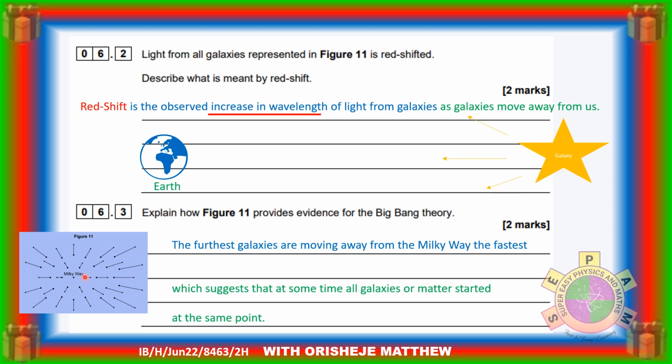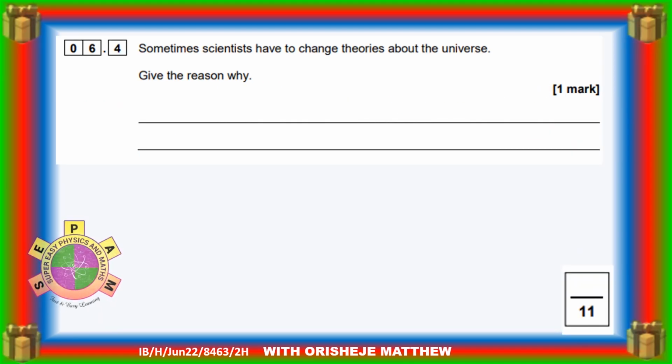All right. Sometimes scientists have to carry out a modification to theories about the universe. Give a reason why this alteration takes place in a theory that has already been postulated.